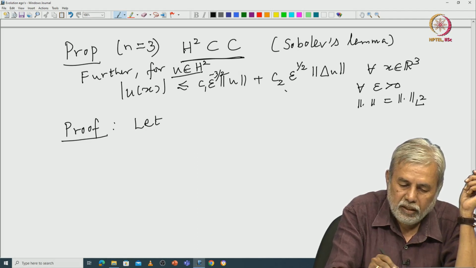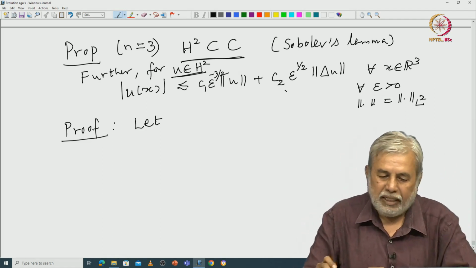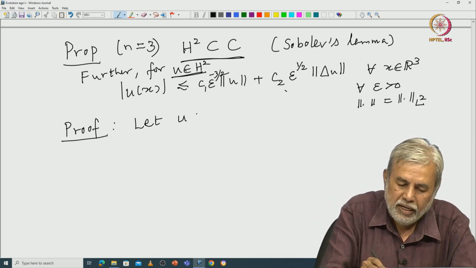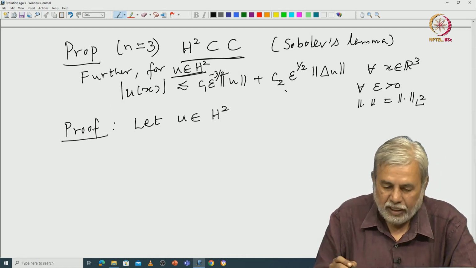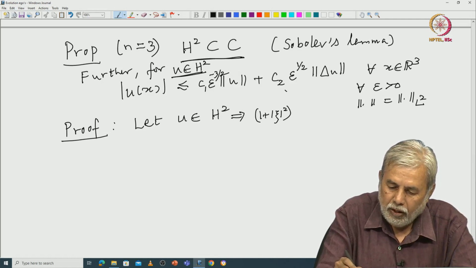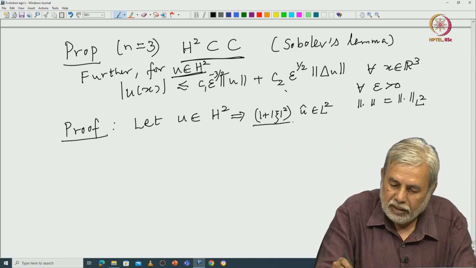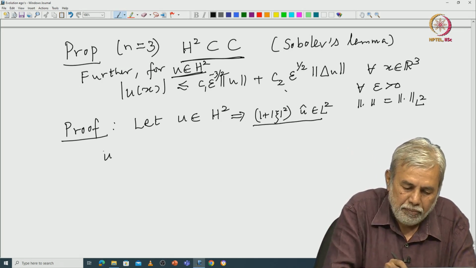So, for u in H2 we have this estimate. Let u be in H2. Using the Fourier transform definition, we see that 1 plus mod chi square times u cap is in L2. And that implies, so we write this u cap chi as follows.